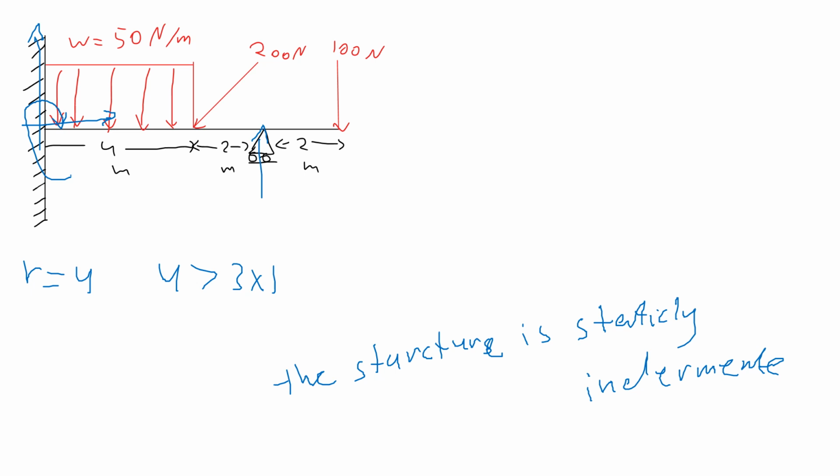So in this case, we can't find the value of the unknown reactions, because we only have 3 equations, which, as we explained before, are sigma Fx equals 0, sigma Fy equals 0, and sigma moment equals 0.